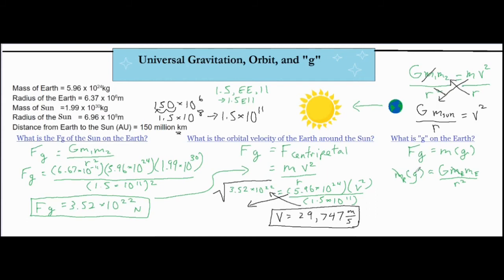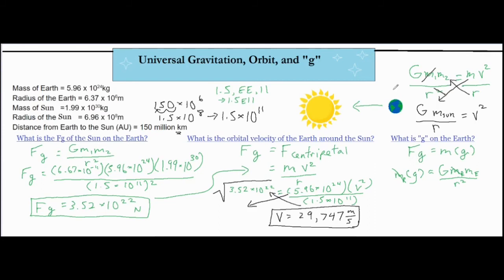And then from there, you can solve for your little g value. My capital G is still the same constant of 6.67 times 10 to the negative 11th. We know our mass of the Earth from earlier, it is right over here. And then the distance, your radius, which is the distance from the center of gravity of the Earth to the person, is actually the radius of the Earth.